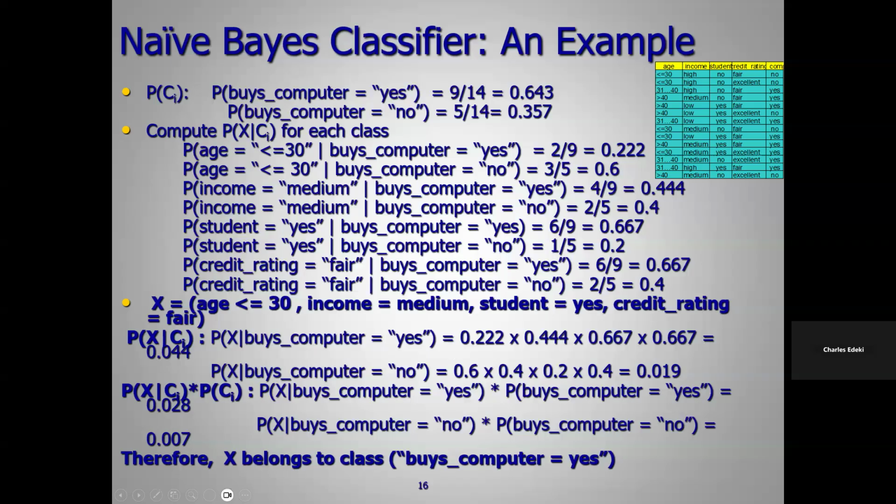Now, as we said earlier, it's a product. You see the probability of X given buys computer is yes. You multiply 0.22 by another yes 0.44, using all the features.